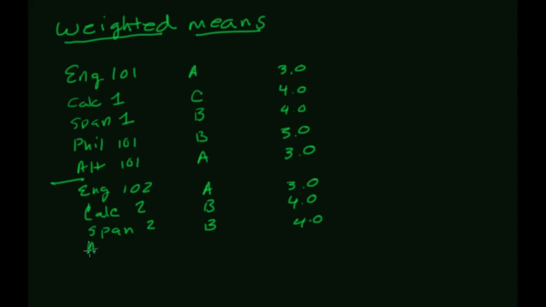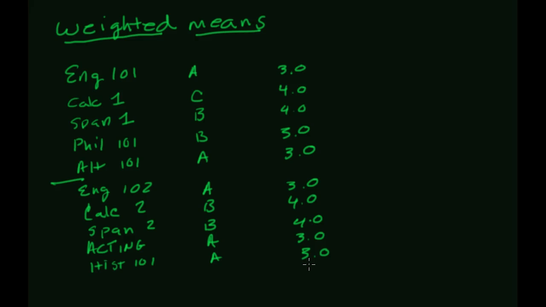They took a course in acting, so maybe a communications credit, and got an A for a 3-credit course. And finally took History 101, like History of Western Civilization, and got an A for that 3-credit course. So we want to know what would their GPA be after their first year of college here.